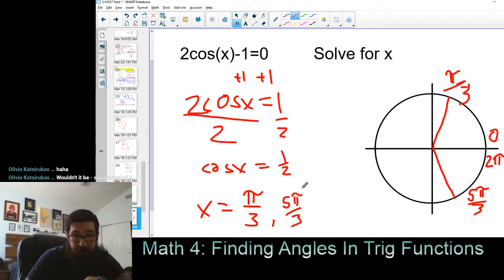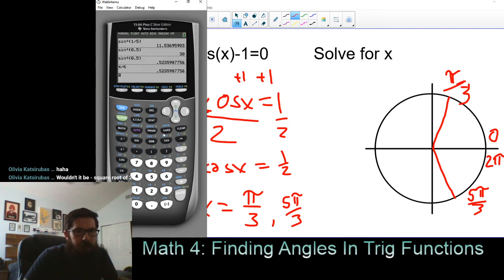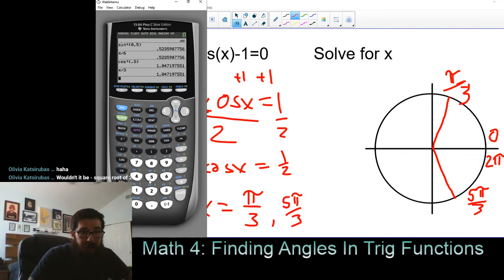Again, if you typed inverse cosine of 1/2 into the calculator, I'll show you what it's going to do. I think we're still on radians here, so let's do 0.5, because that's my 1/2. It gives me this funky number. I'm going to show you that's really pi divided by 3. It can only spit out 1. Now if I did cosine of pi over 3, does it give me 1/2?